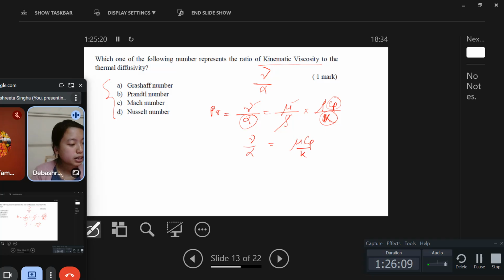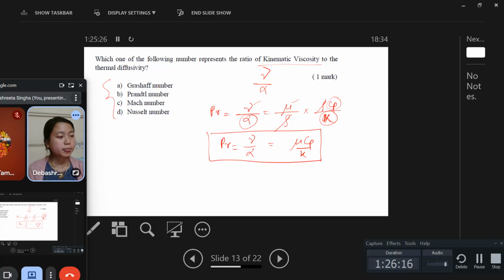So you can write it either way. This is the Prandtl number. It relates the kinematic viscosity and the thermal diffusivity.